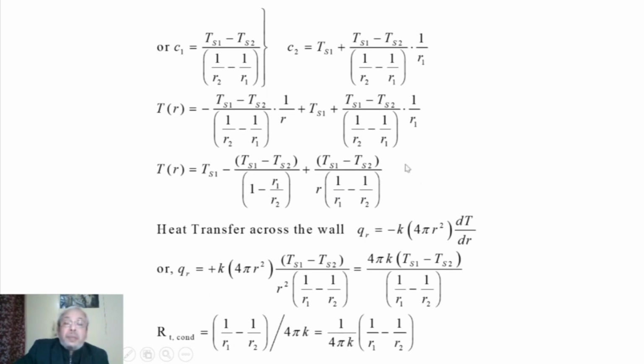The heat transfer across the wall, QR, is minus K 4 pi r square dT dr. So if we find dT dr from here and multiply by minus K into 4 pi r square, we will get the heat transfer rate.